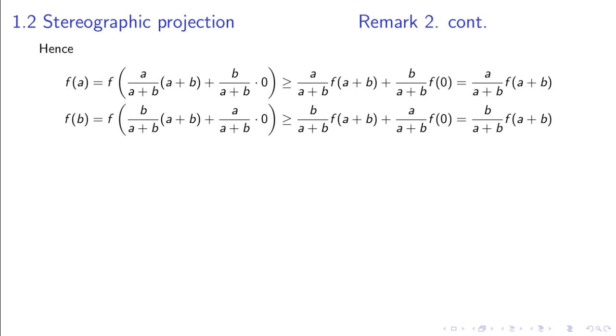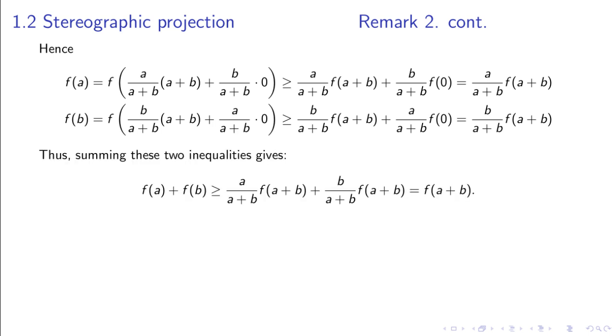Similarly, if we choose lambda equal b over (a plus b), we get f(b) greater or equal than b over (a plus b) times f(a plus b). Adding these two inequalities gives f(a) plus f(b) greater or equal than f(a plus b).